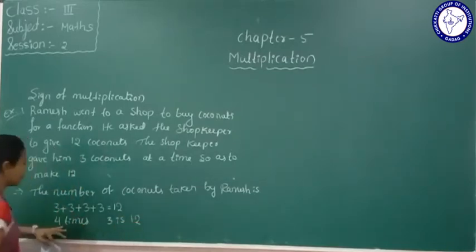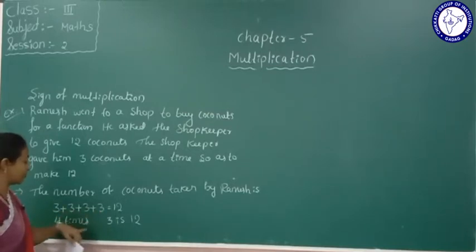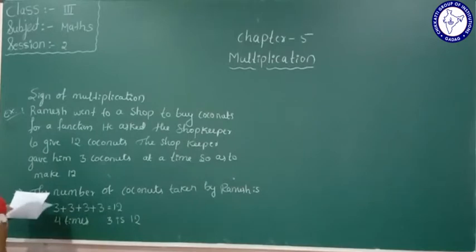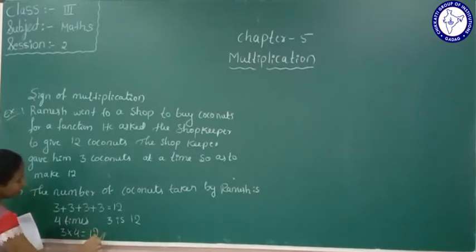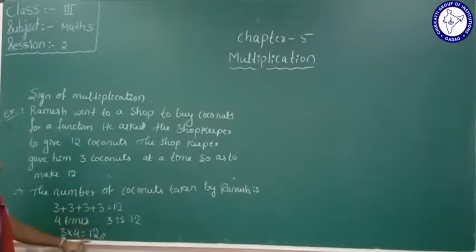It means 4 times we are using 3, so we add 3 four times, and we get 12. And here we can write 3 into 4 is equal to 12. So 3 coconuts each time. How many times is it repeated? 1, 2, 3, 4 times 3 is repeated. So we can write 3 into 4 is equal to 12.